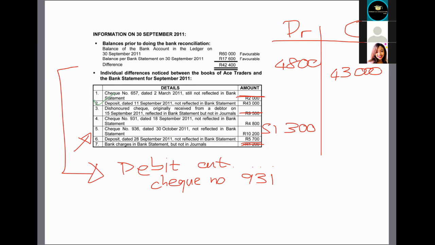And then if you have another check, we've already done this one, number 4, so we move over to 5. Number 5 says check number 936 dated 30 October did not reflect in my bank statement. So I check that check and I take it to my recon.